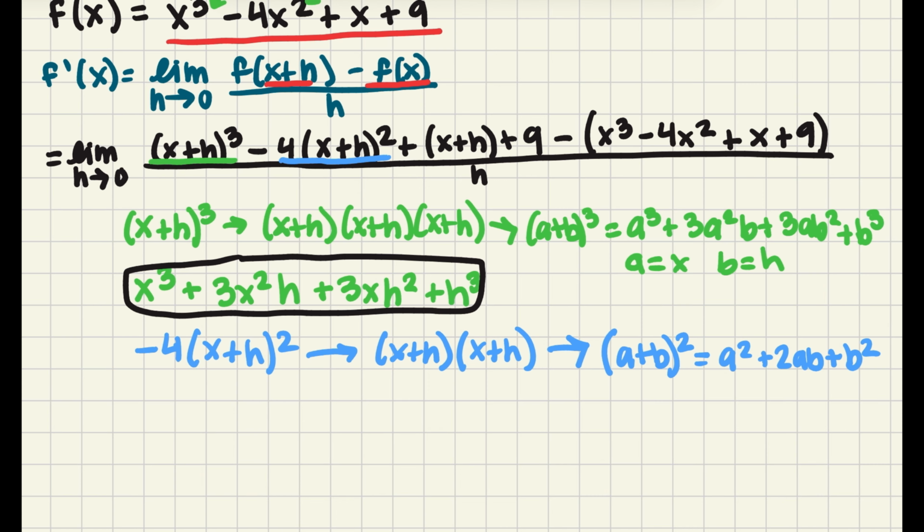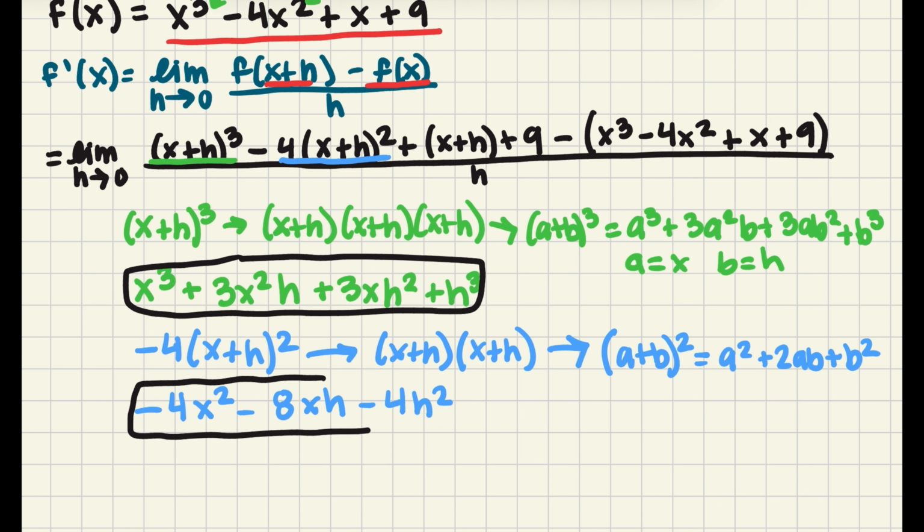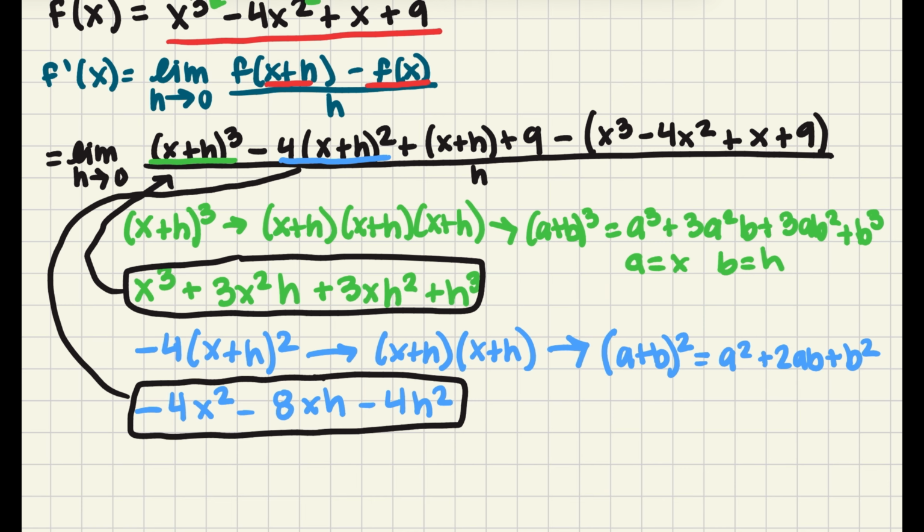So for our example, that would give us negative 4x squared minus 8xh minus 4h squared. So this is what we're going to plug in. This one is going to be plugged in place of this one, and this one will be plugged in place of this one.